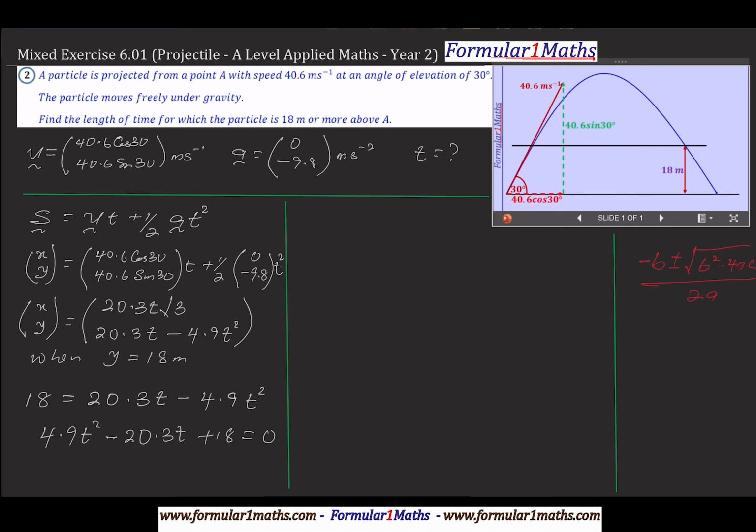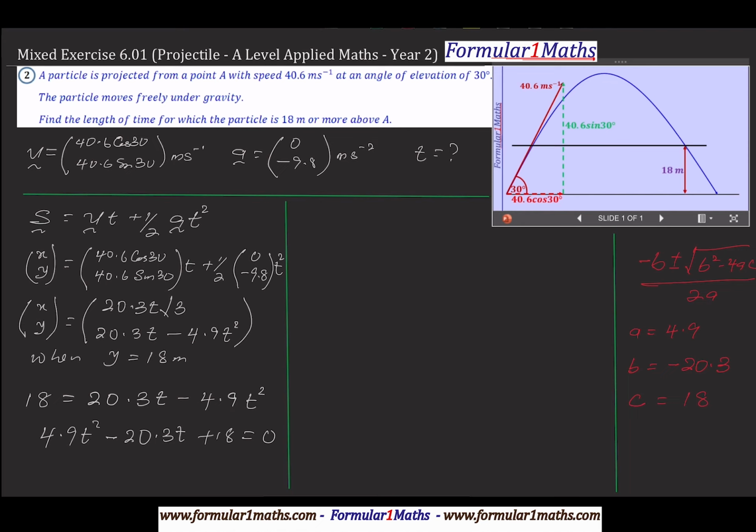So in this equation, a is 4.9, b is minus 20.3, and c is 18.